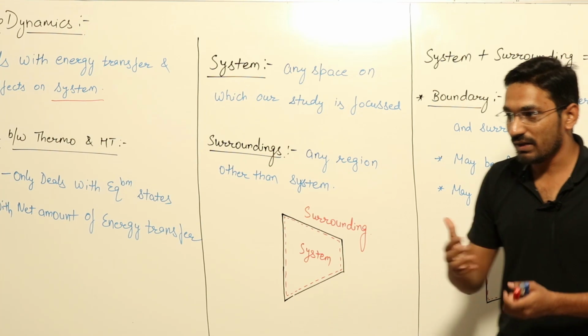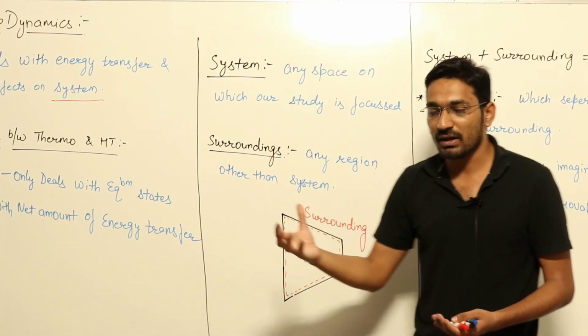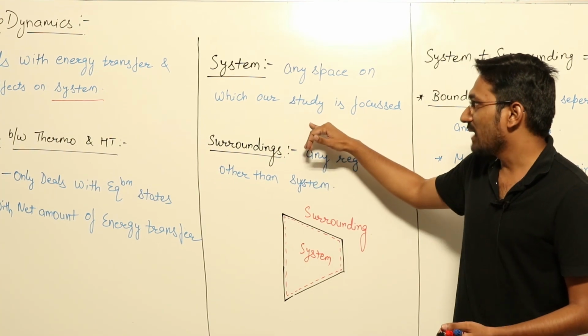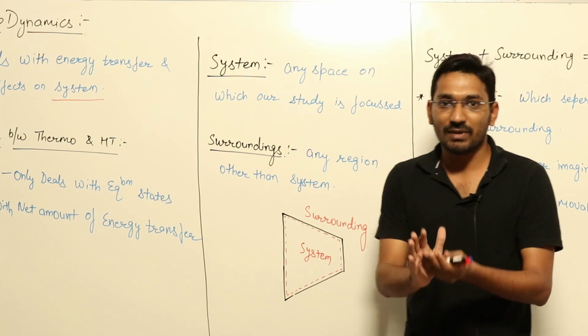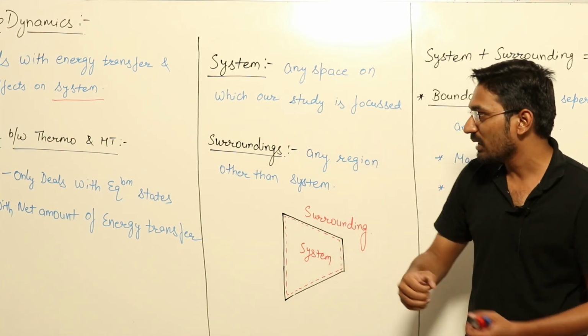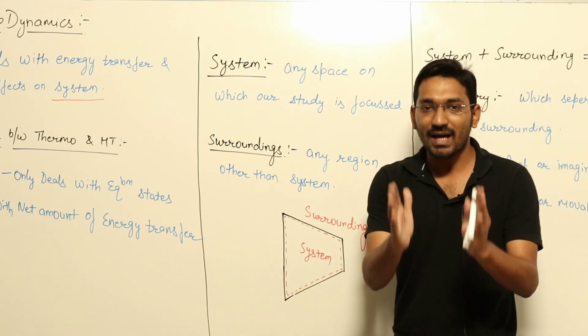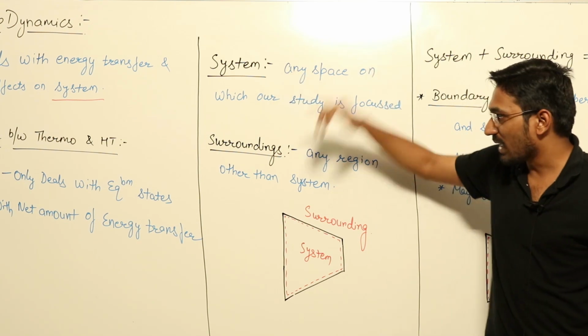If there is a pipeline in which some gas or some water is flowing, we have to decide what the system is, which space we have to look at, to see what is happening on that part, if energy is transferring, if work is being done. Only that space is known as the system. Next is surroundings.